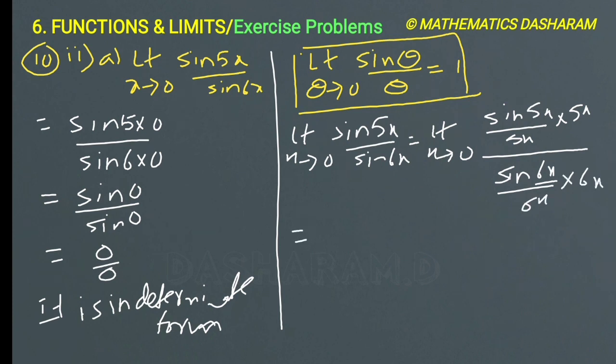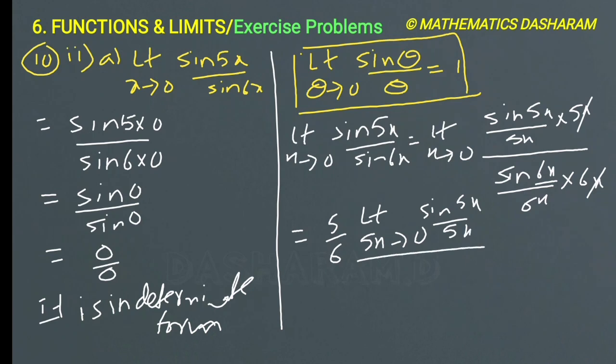Now we can apply the limit for the numerator and denominator individually. But before that we can cancel the x. Then 5 by 6 is a constant number, so you can write it outside the limit, and here limit 5x tends to 0, sine 5x by 5x divided by limit 6x tends to 0, sine 6x by 6x.